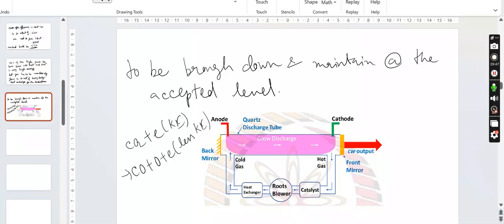It should be noted that in the discharge, a fraction of carbon dioxide molecules also dissociates into carbon monoxide and oxygen. In a flowing gas laser system, these dissociated products do not accumulate and hence pose no problem in the operation of the laser.